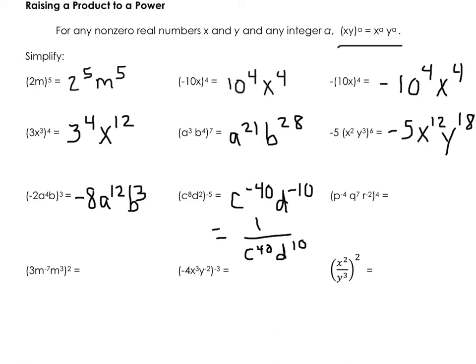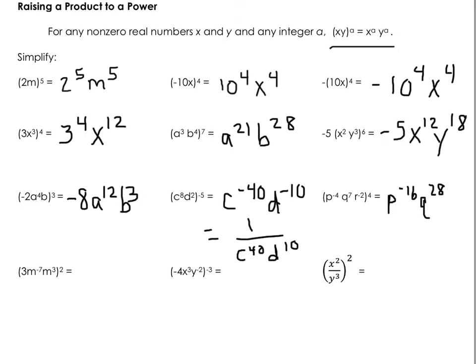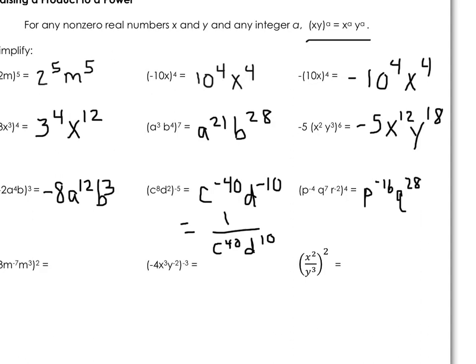So our next example, we have p to the -4, q to the 7th, r to the -2 to the 4th power. Let's raise everything to the 4th power, and of course we will multiply those exponents. We'll get p to the -16, we'll get q to the 28th, and finally we have r to the -8.